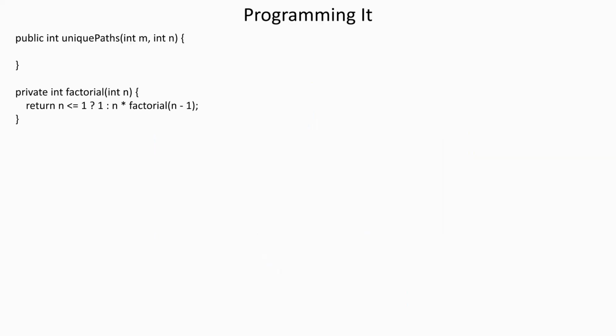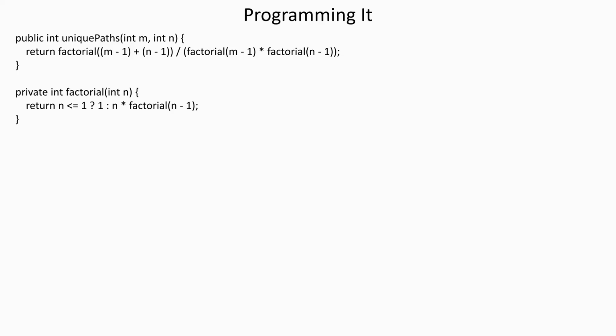To program it, we first create our factorial method, which can be done like this, and then in the main unique paths method, we return factorial of (m minus 1 plus n minus 1) divided by factorial of (n minus 1) times factorial of (m minus 1).